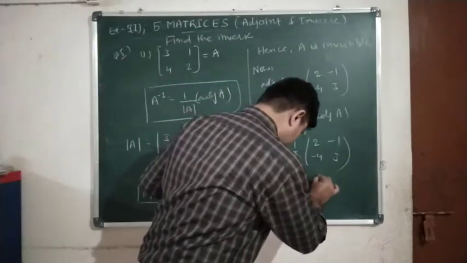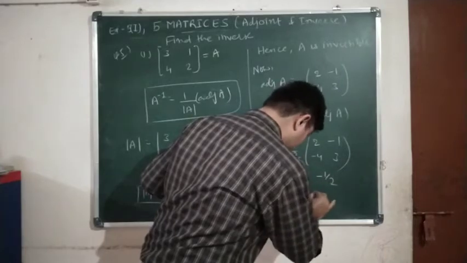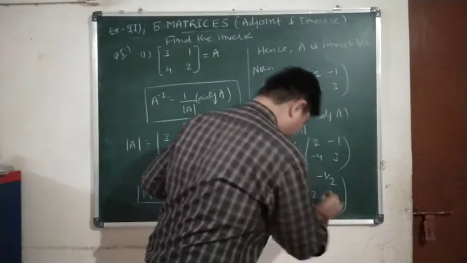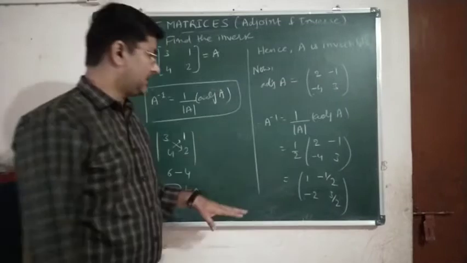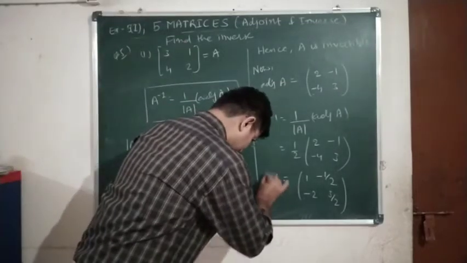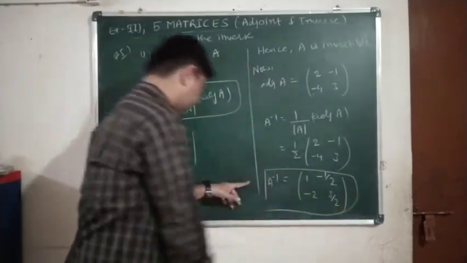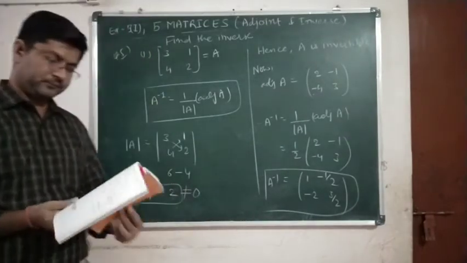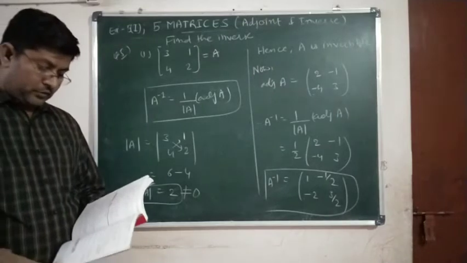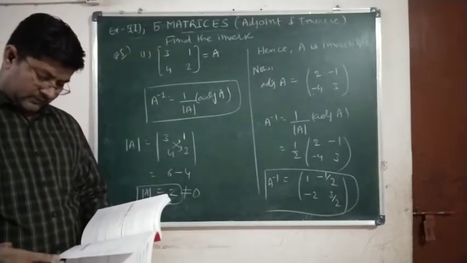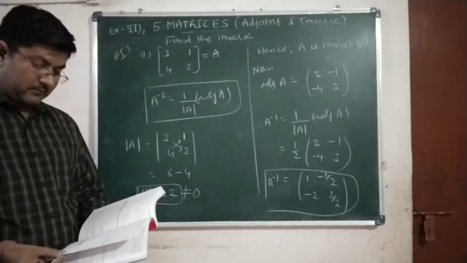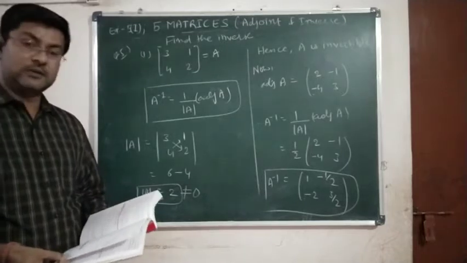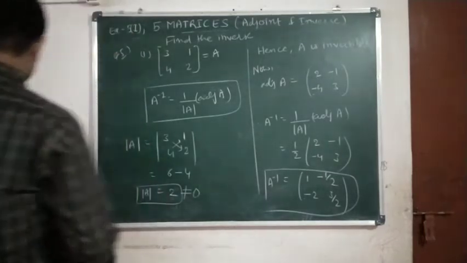So 1 minus 1 upon 2 minus 2, 3 upon 2. Any of the two can be written as the final answer. Clear? So this is the inverse of matrix A. Question number 5, part 1 we have completed. Now let us solve the third one.